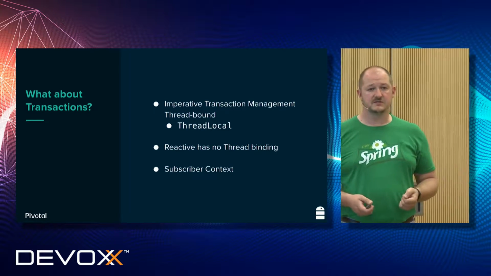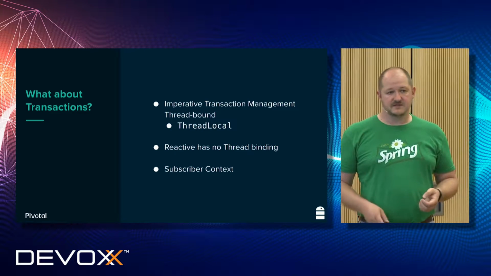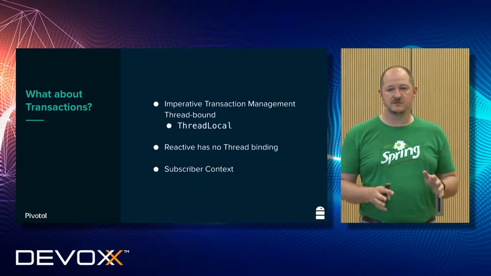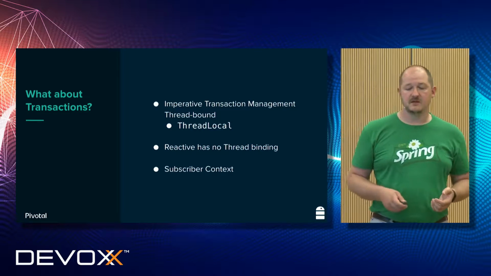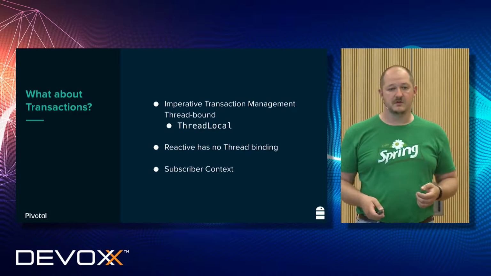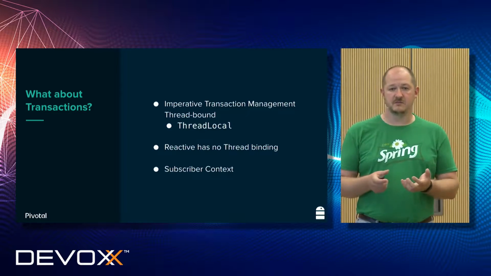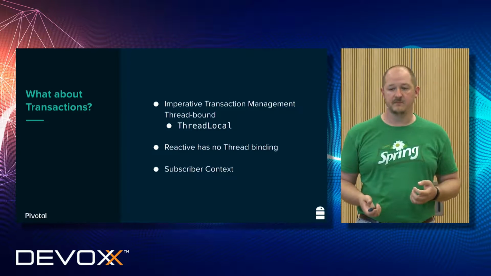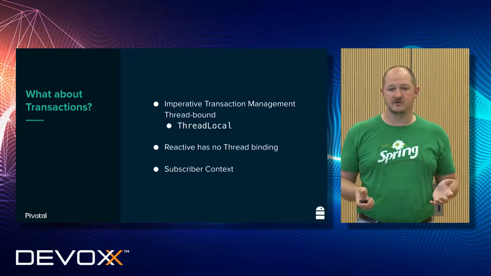And all this information is typically bound to a thread local variable. Since Reactive has no notion of threads anymore, threads happen, but we do not have so much control over that. We need something different, and so we have built Spring's reactive transaction management with Project Reactor's context feature, where you can attach runtime information to a particular execution, to a particular flow, and then benefit from this information as a framework so aspects can decorate your code.